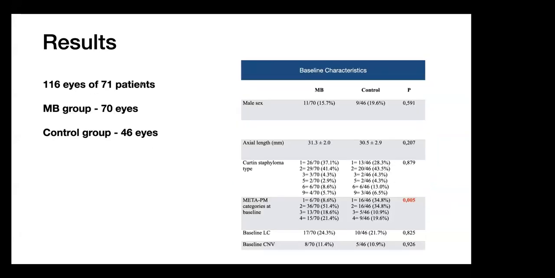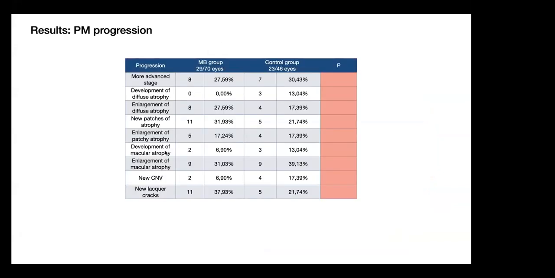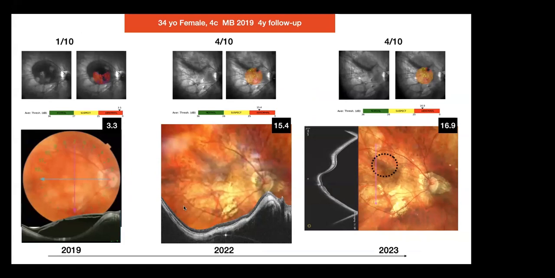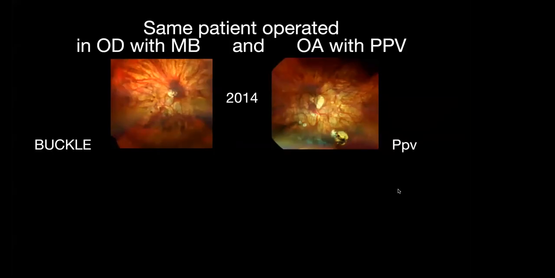And this is my case series, 116 eyes, where 70 were operated with the buccal, and 46 were the contralateral eye. And basically the results are that there is no buccal-related atrophy. You can see some examples here of a very long follow-up with no atrophy close to the buccal.